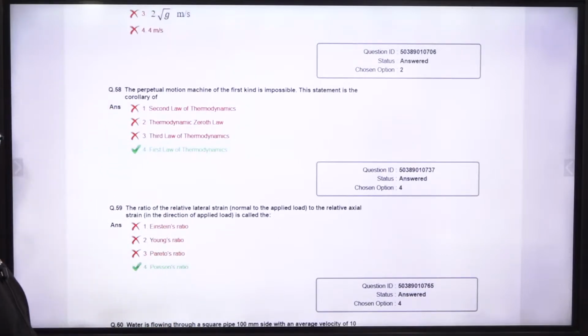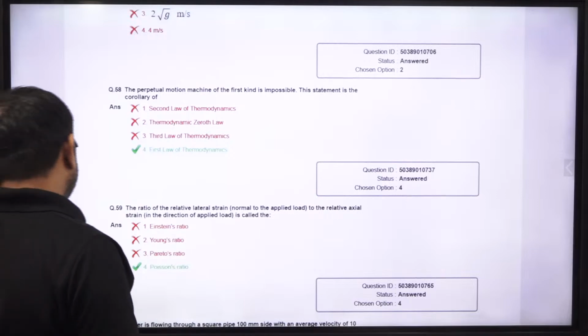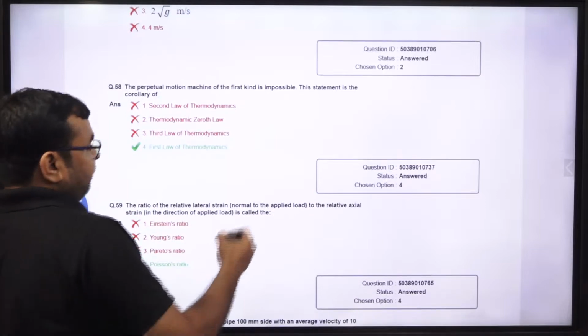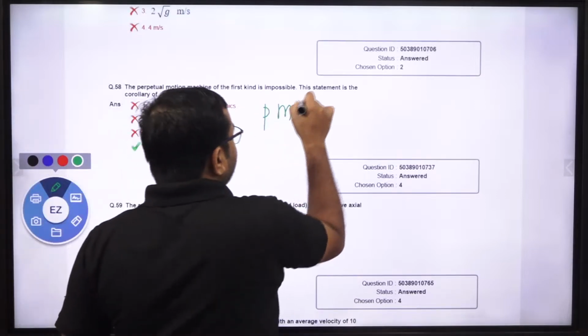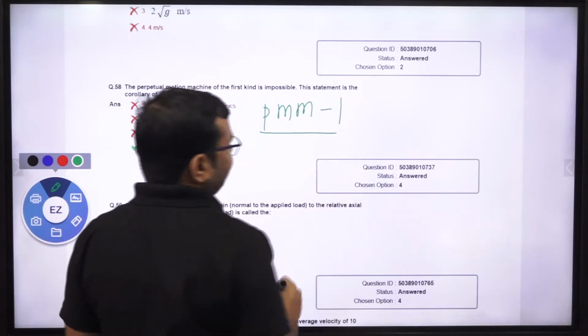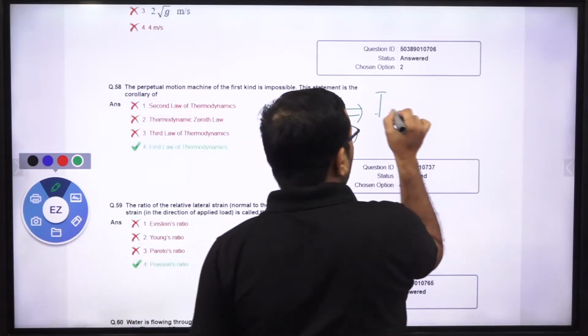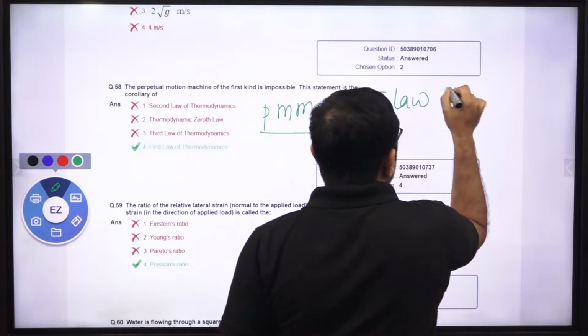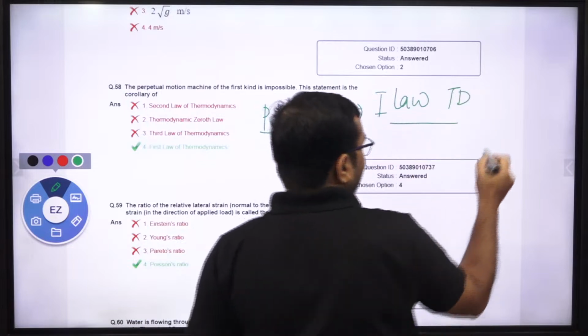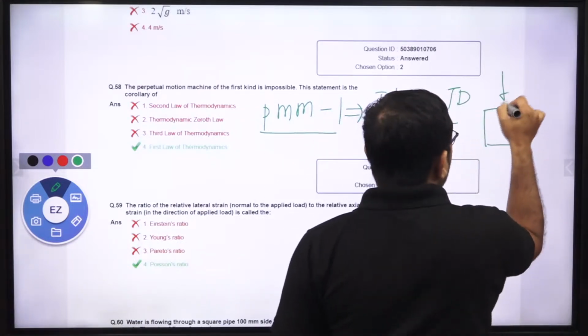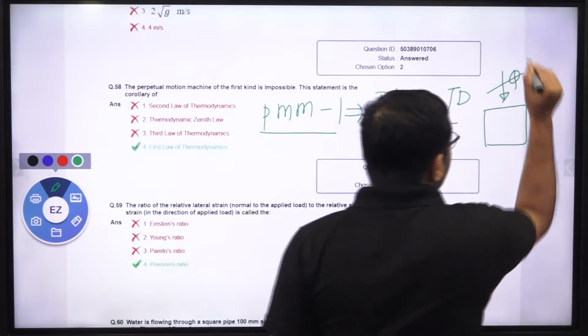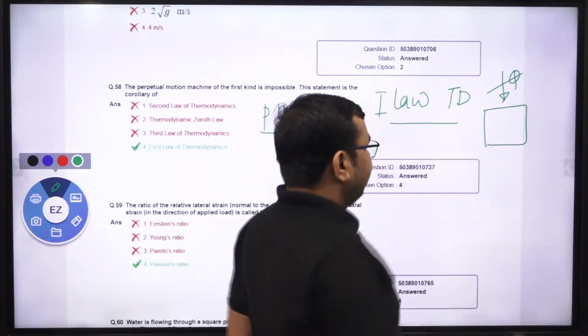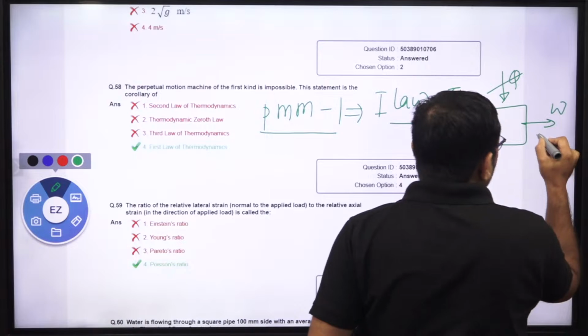Okay, so what about this question? The perpetual motion machine of the first kind is impossible. This statement is the corollary of what? You always remember two concepts. That is perpetual motion machine type 1. So where does this come in? First law of thermodynamics. And it tells us that once you provide energy to this machine and then we remove it, once we provide energy to this machine, then it will produce continuous work.